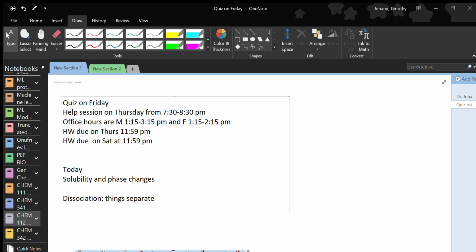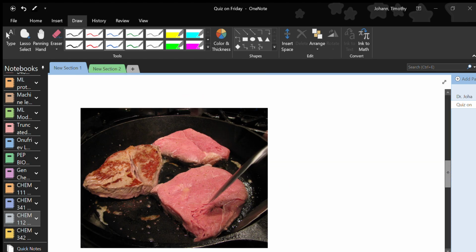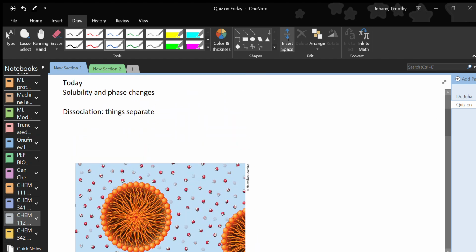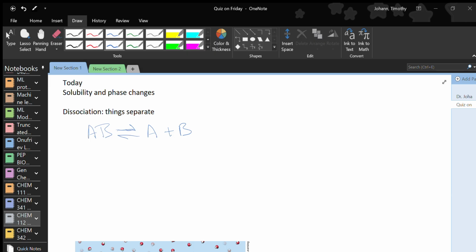If I'm thinking about a dissociation reaction, it would be something like A and B stuck together, and it might be able to come back and get stuck together, so I'm going to do a double arrow there. Then they separate to make A and B separate. So when we talk about a dissociation reaction, that's what we're talking about.